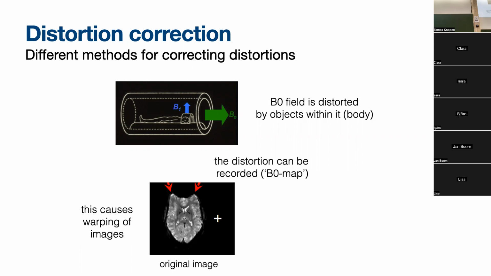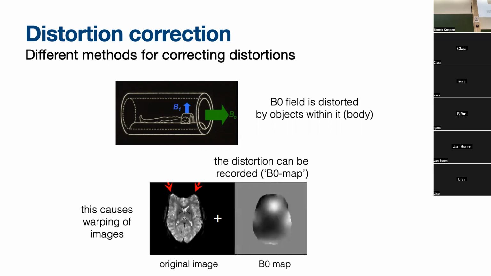The thing is, what's nice here is that even though we see this problem in the images, it is not a fundamental problem, because we can actually find the distortions in the B0 map. Our scanner can perform different acquisitions, and one of the things we can do is create a B0 map. So for every subject specifically, we can look at how these air-tissue boundaries affect the main magnetic field, and we get a map for that.